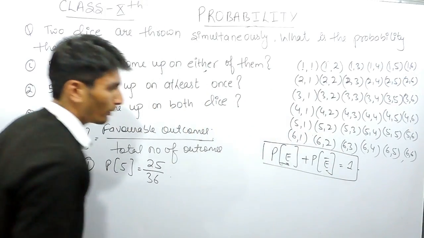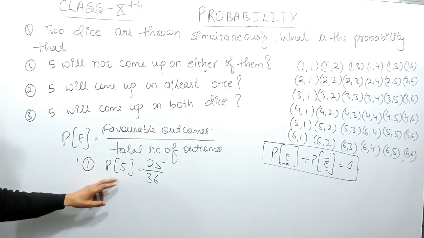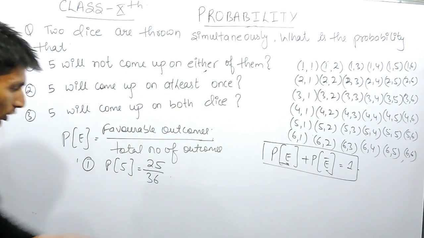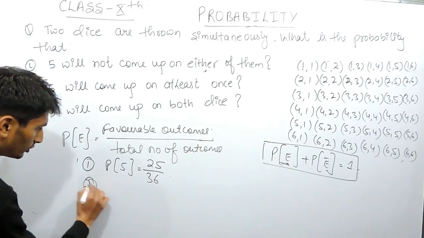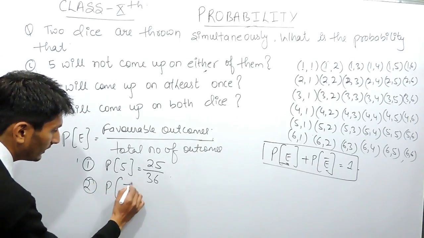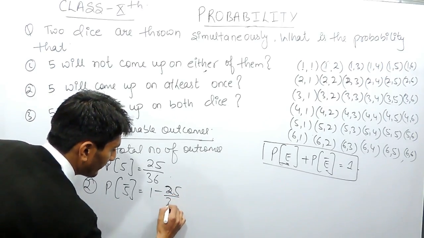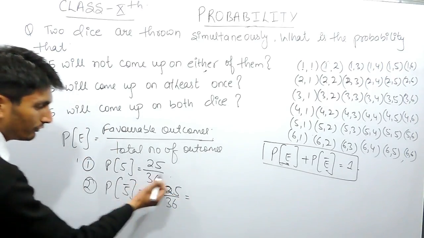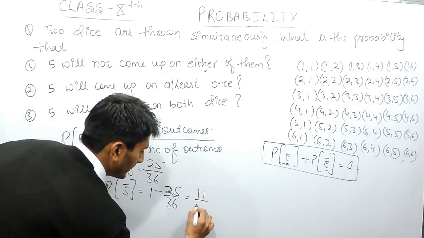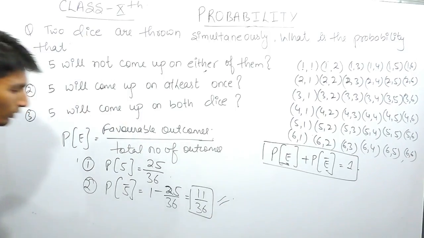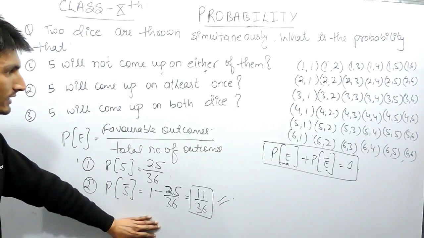So the probability of 5 coming will be 1 minus 25 by 36, which equals 11 upon 36. This is how you find the second answer.